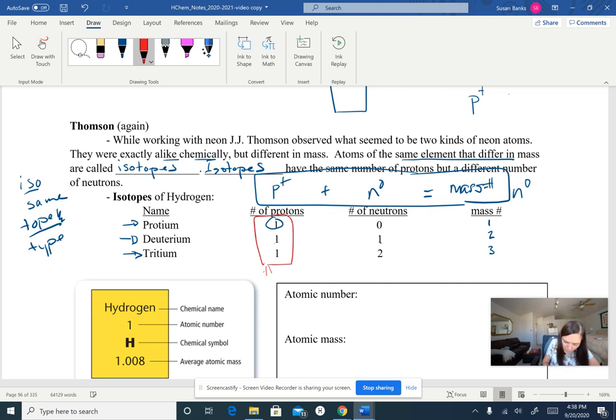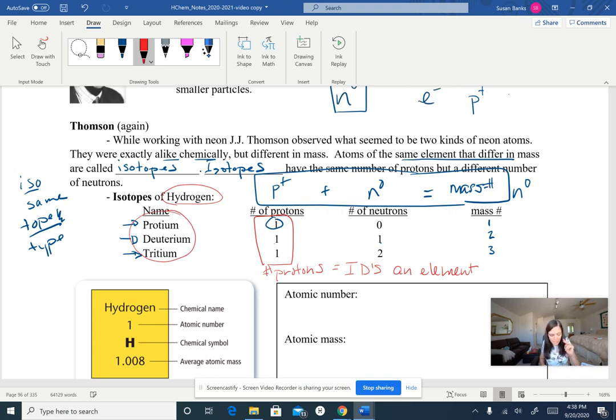So the number of protons IDs an element. All atoms with 1 proton are always going to be hydrogen. They might be the different isotopes of hydrogen, but 1 proton means hydrogen. 2 protons is going to mean helium.